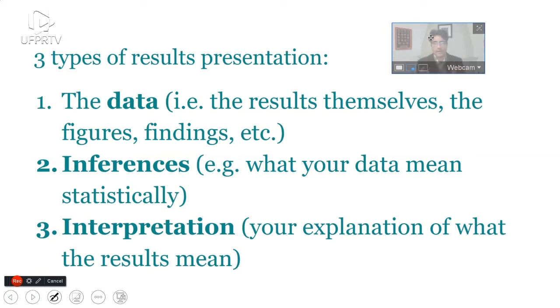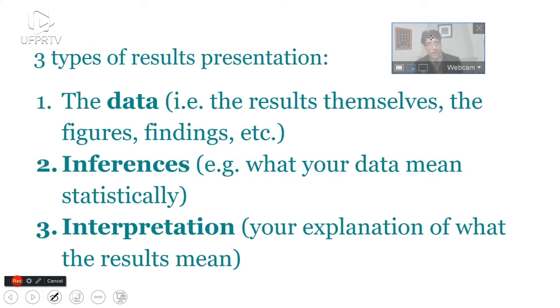One would be just the data, the figures, the numbers, the findings, whatever they are, just the data. If you're talking about something like that meat consumption and odor study, then you might have something numerical showing an appreciable and quantifiable difference in the pleasantness of odor.